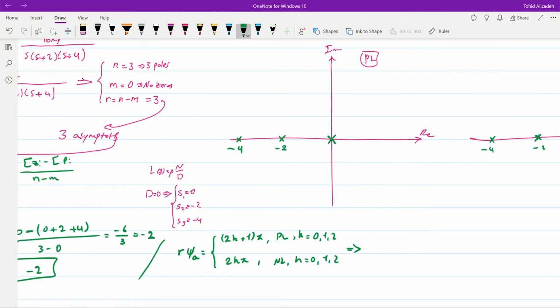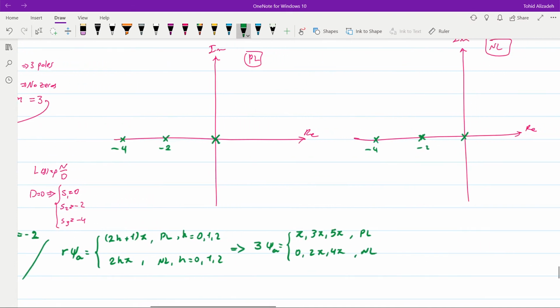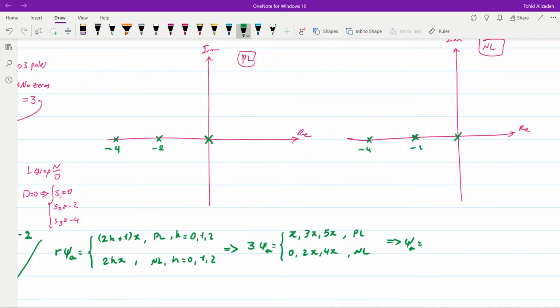Therefore, r is equal to 3. 3 times CA will be equal to, if we set h to 0, 1, 2, we will have pi, 3 pi, 5 pi for positive locus, 0, 2 pi, 4 pi for the negative locus. And then we will have CA equal to pi over 3, pi, and 5 pi over 3 for the positive locus, 0, 2 pi over 3, and 4 pi over 3 for the negative locus.